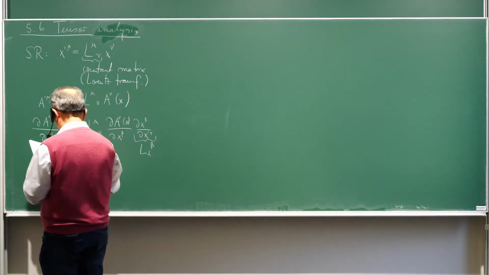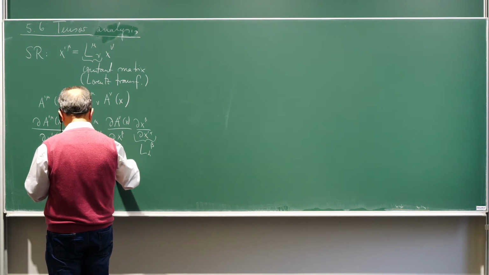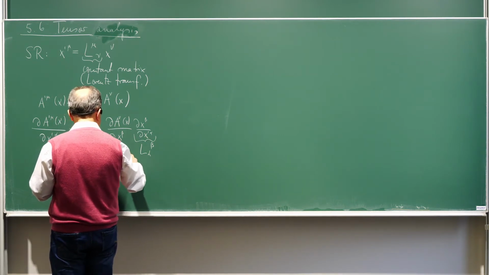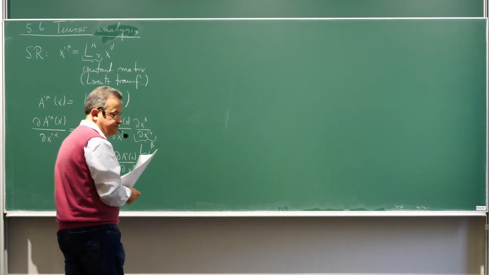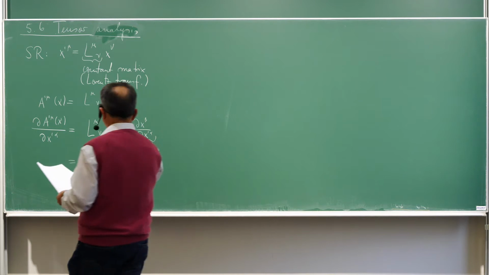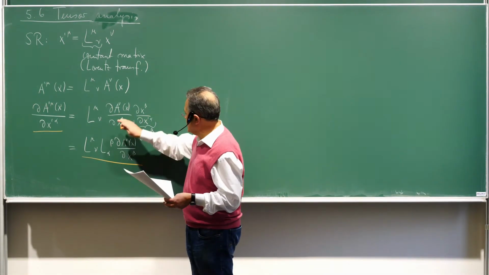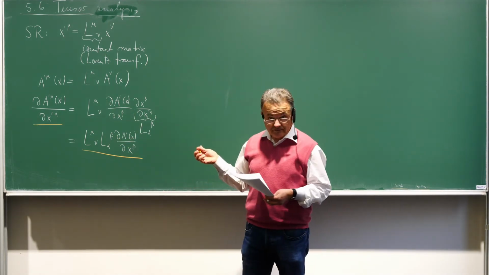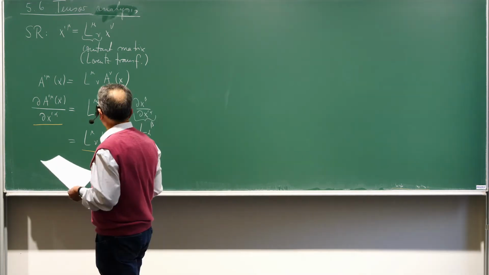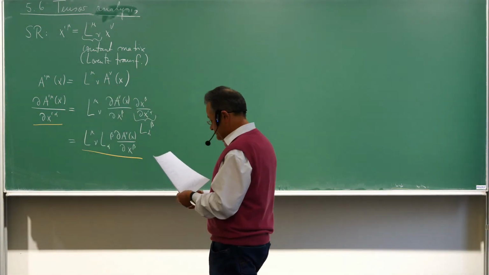So this is L mu nu L alpha beta dA nu of x over dx beta. That is the transformation of a partial derivative, and you see in special relativity it still transforms as a tensor. You have these two factors of L, and so this is a 1-1 tensor.